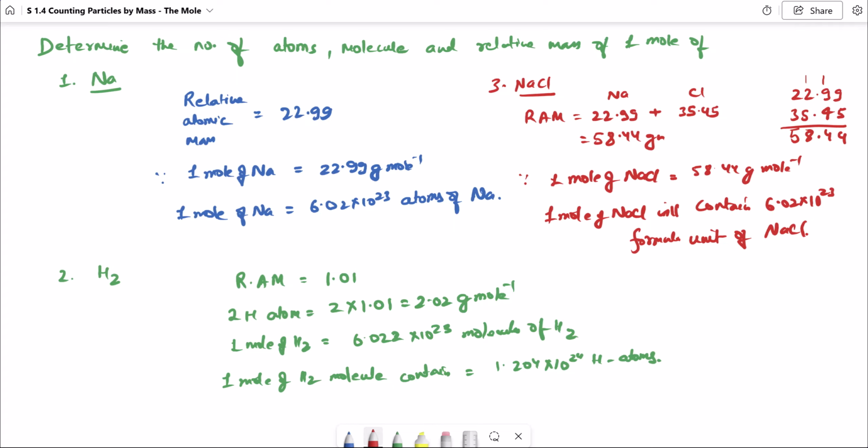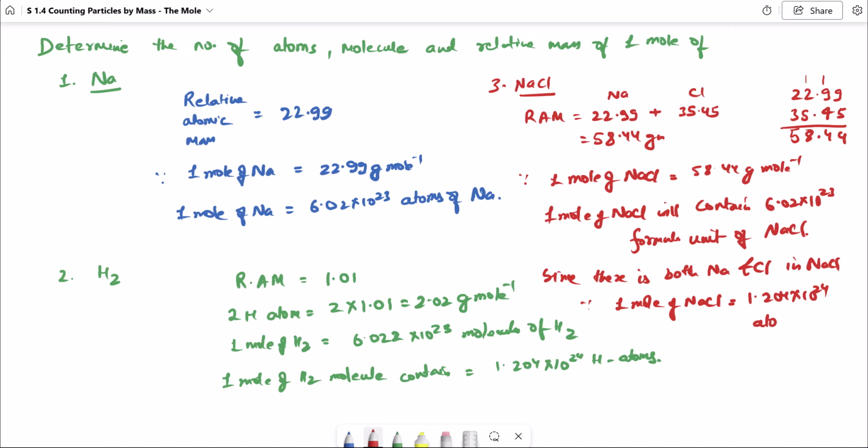Since there are both Na and Cl in NaCl, 1 mole of NaCl will contain 1.204 into 10 to the power 24 atoms in total.